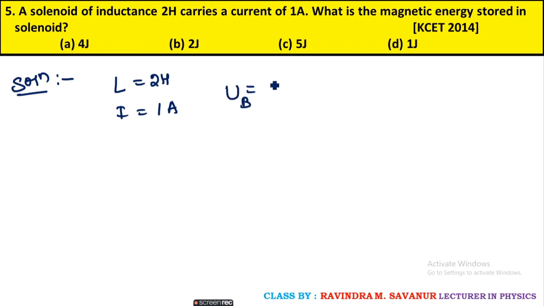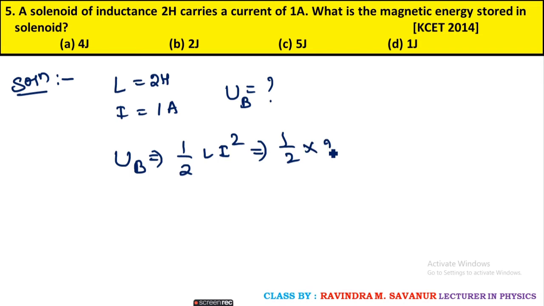They are asking the magnetic energy in that solenoid. From the given things, the magnetic energy can be given by what? half L I square. Substitute. Inductance is given 2, current is 1 square. So what is your answer? 1 joule. Option D.